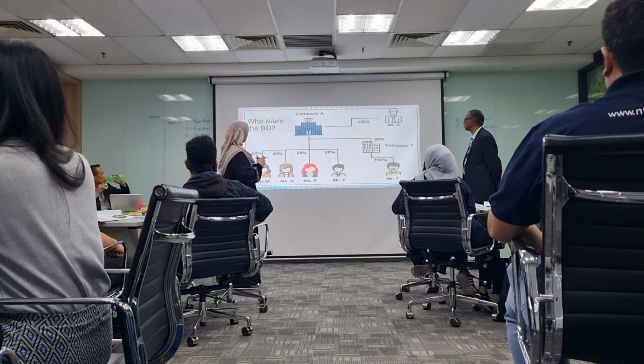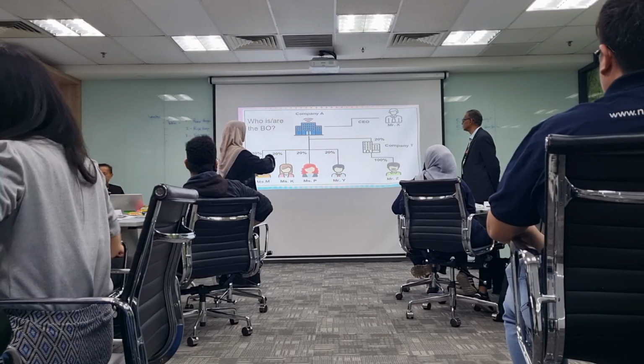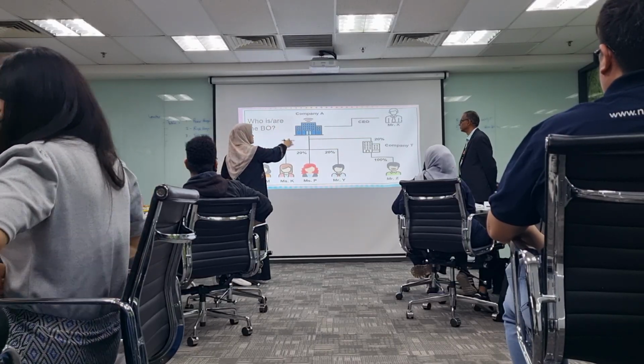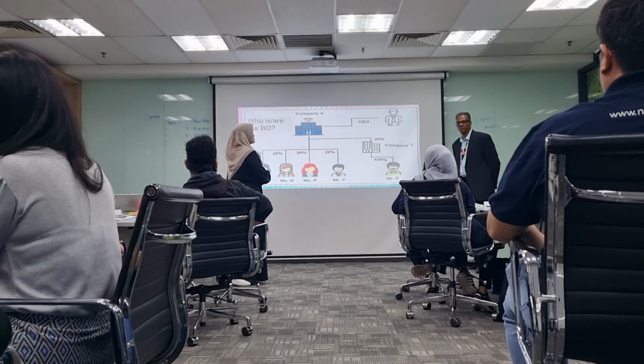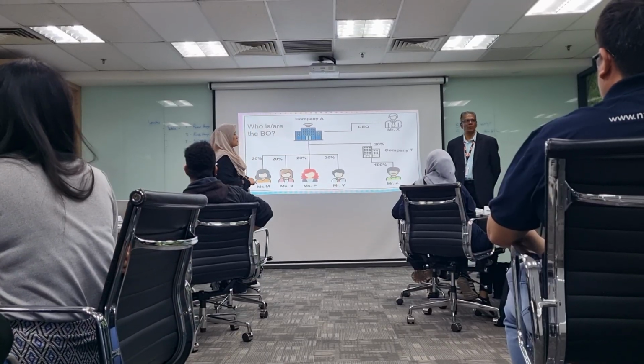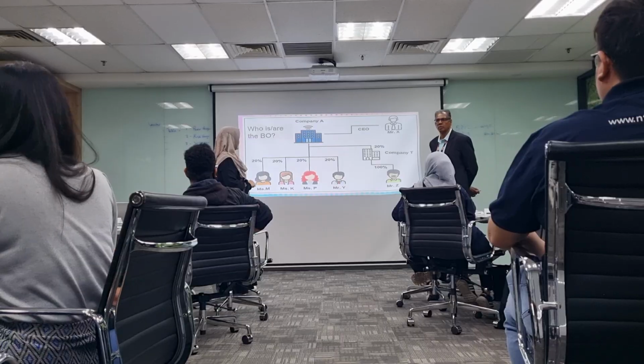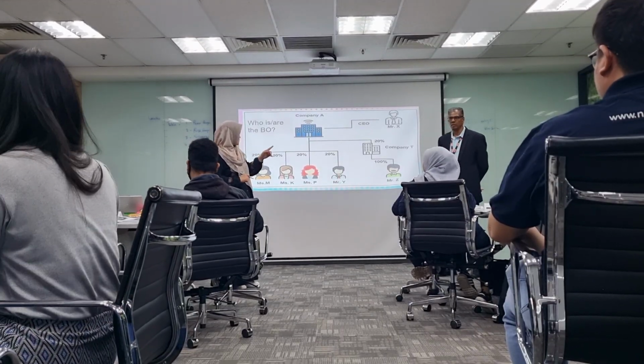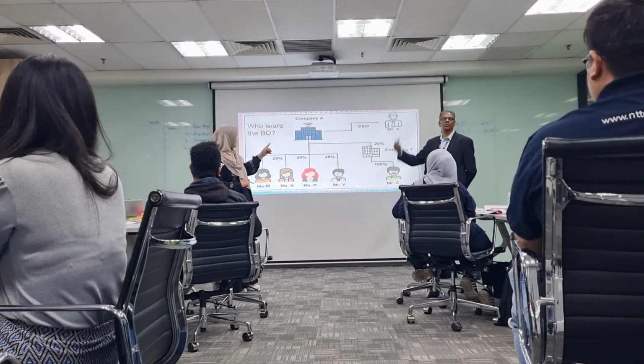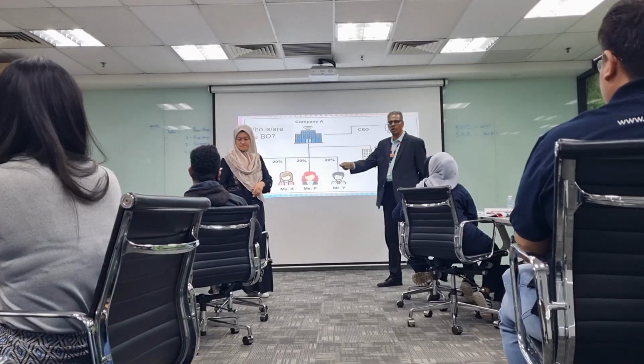So the third step we see here is the person who is holding the senior management position, which is the CEO position, is X. How many of you are agreeing to what Sarah just mentioned? Agreed. So that's how we go through the steps, step one, step two, step three. Okay, Sarah, you have the chocolate.